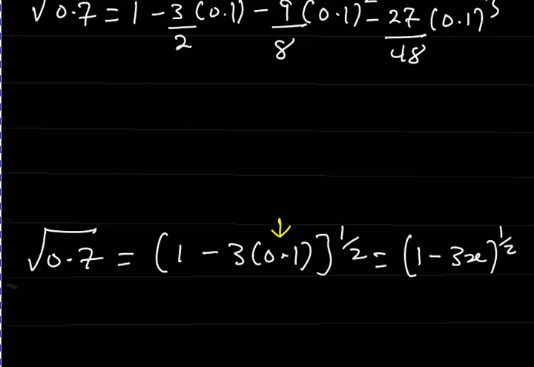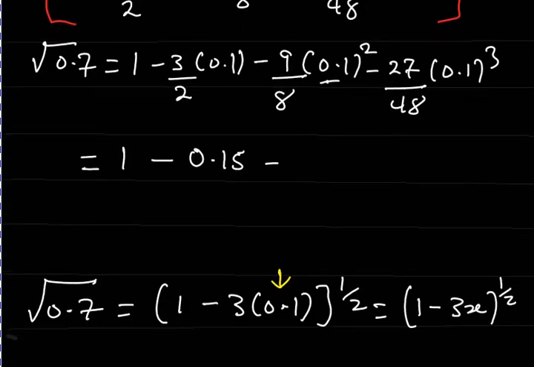That should be 0.15, if I'm not mistaken. 0.3 divided by 2, 0.15. So this is 0.15. Then minus, this is 0.9, oh, this is 0.1 squared, 0.01, okay, divided by 8.